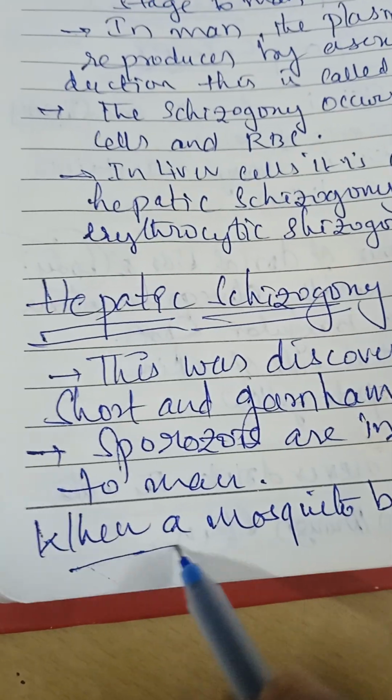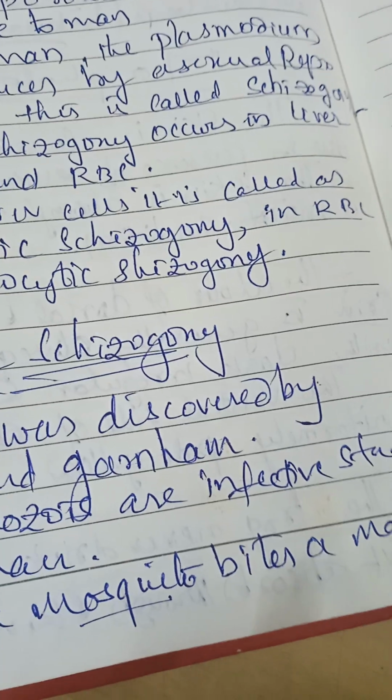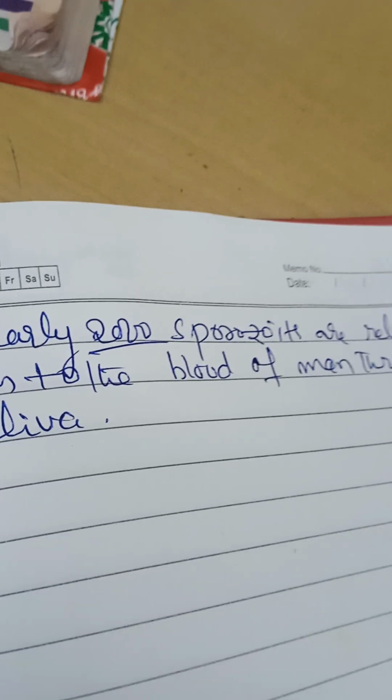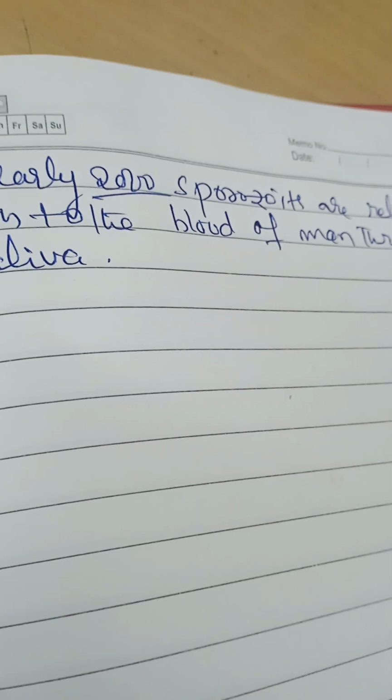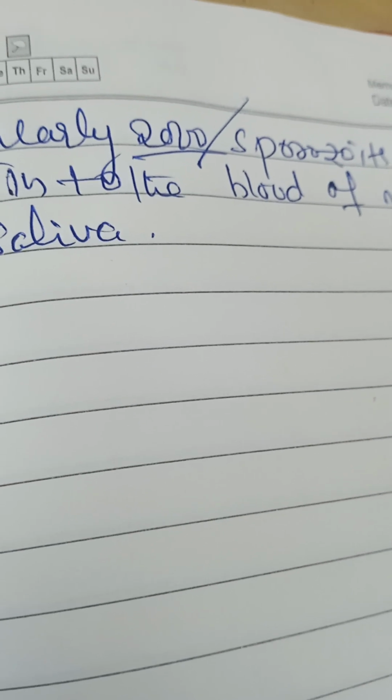When a mosquito bites a man, nearly 2000 sporozoites are released into the blood of the man through the saliva of the mosquito. So how many sporozoites enter the body? 2000 sporozoites, right?